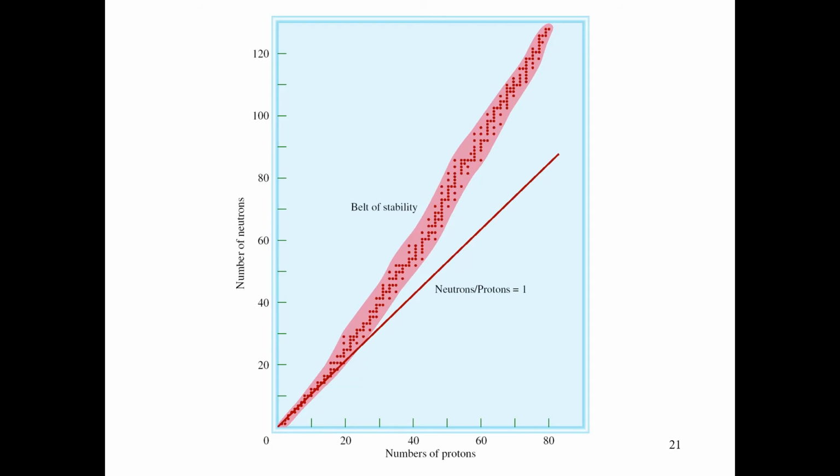But as you start reaching the area where you have about 20 or more protons, it seems like you need more neutrons than protons, a ratio greater than 1-to-1. Now think about it. Let's say I have an isotope in this area here on the top. I'm exaggerating, but what does that mean? It means that it has a very large ratio of neutrons to protons.